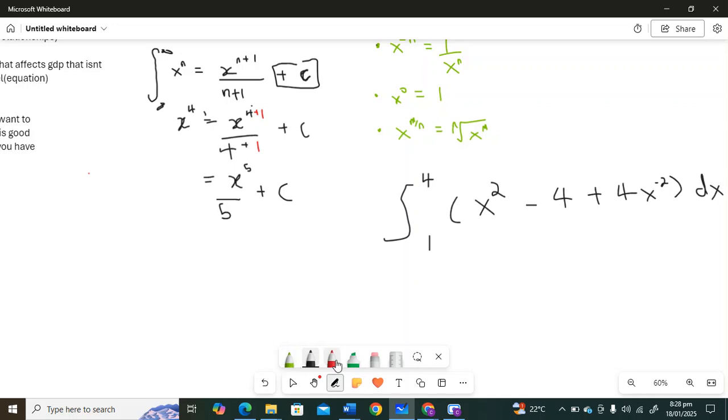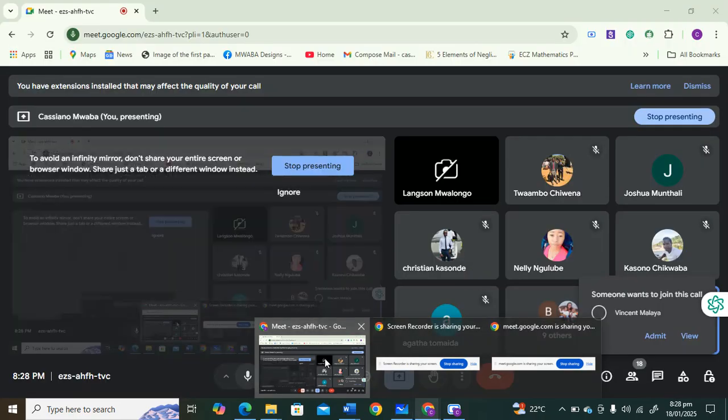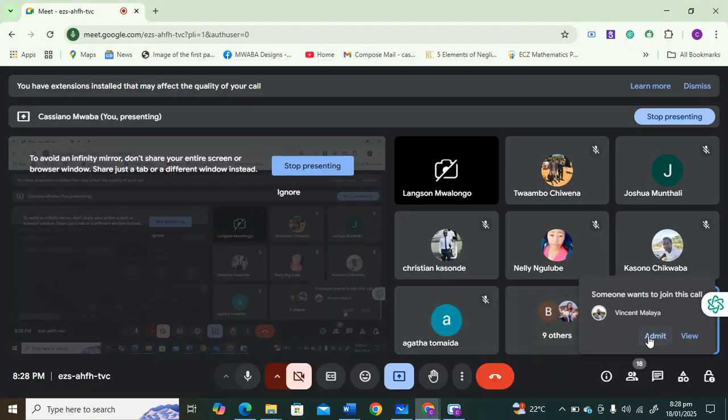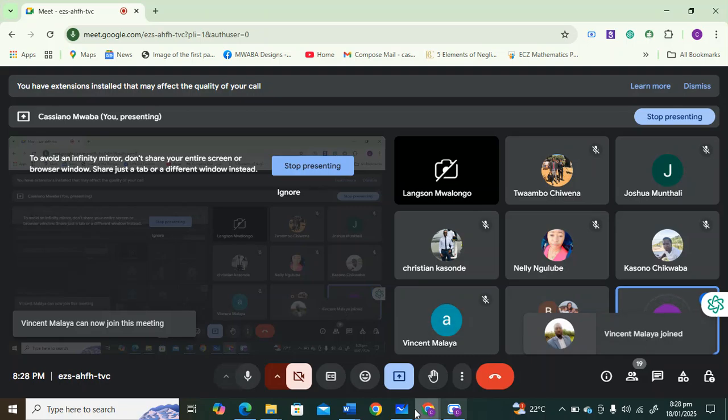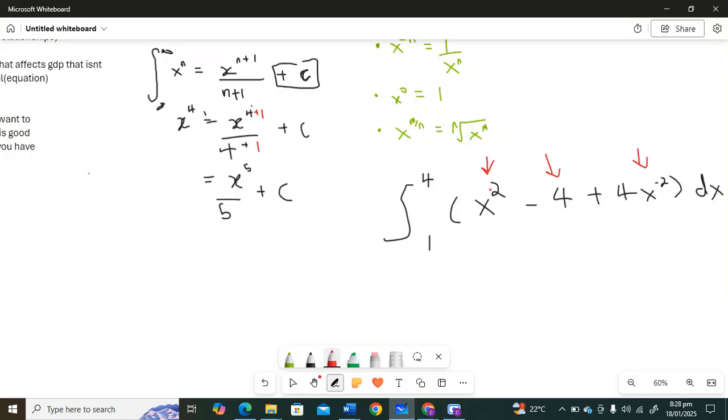So with this question, colleagues, first things first, we need to integrate x squared. We integrate 4 and we integrate 4x to the power negative 2. We're going to be integrating the way we did it here. So on your papers, try to integrate x squared. Let me hear the answers when we integrate x squared.